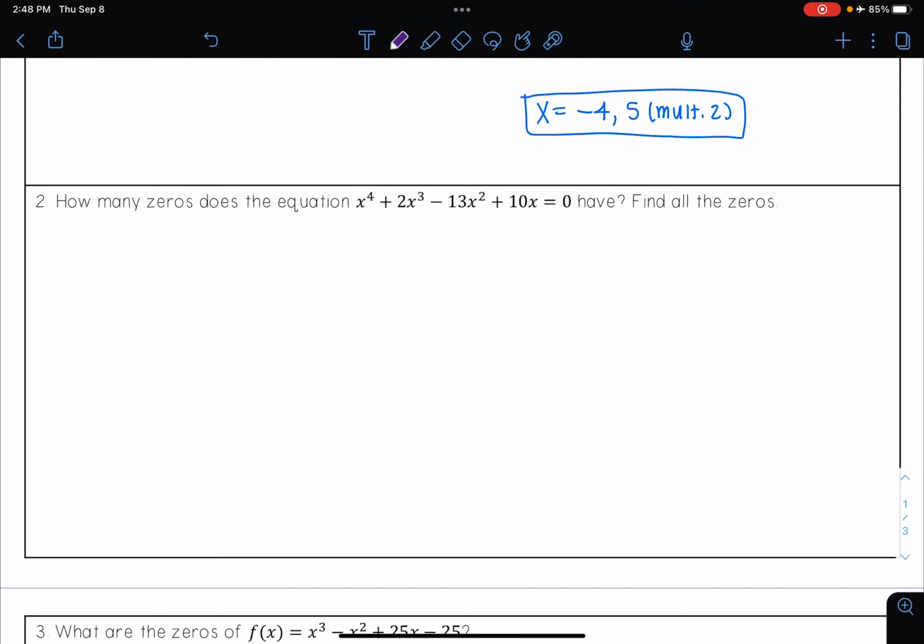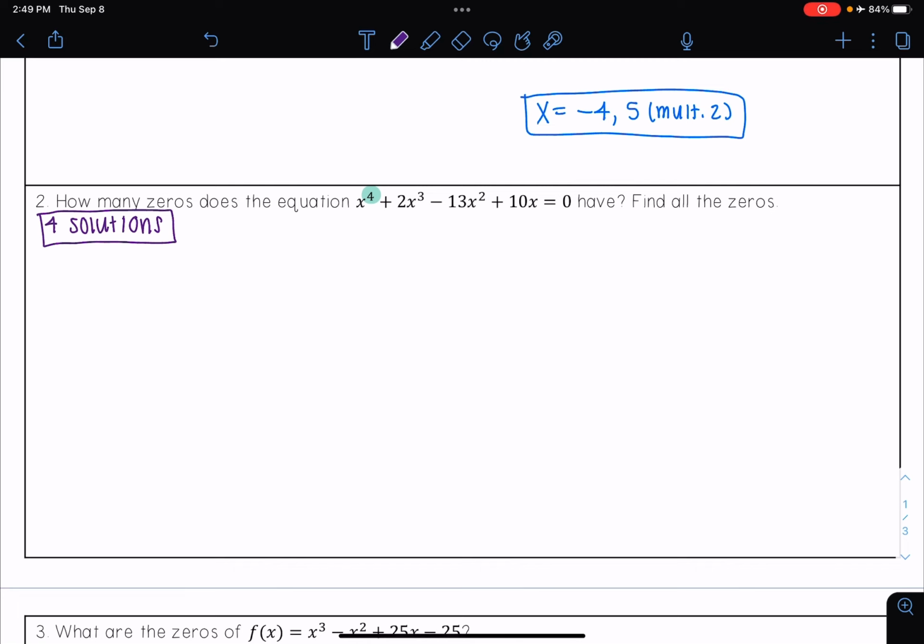Here it says, how many zeros does the equation x to the 4th plus 2x cubed minus 13x squared plus 10x equals 0 have? Find all the zeros. This one is a 4th degree polynomial, so that means that this one has 4 solutions. Now, looking at this one, I see that I don't actually have a constant term.